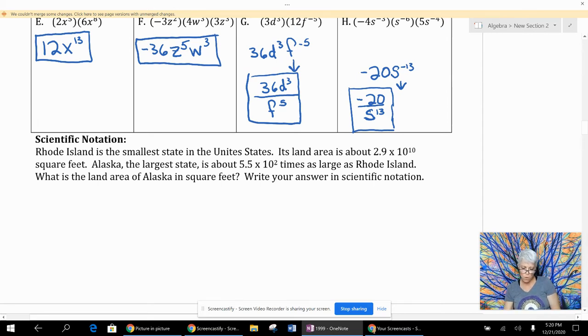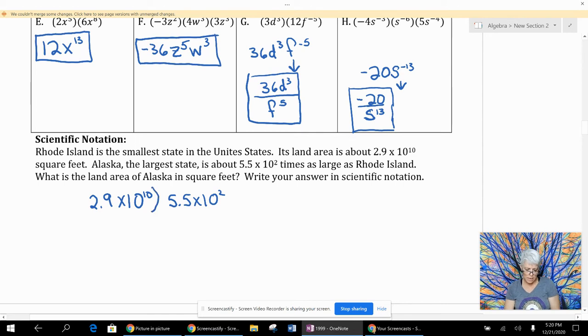So we have Rhode Island. It's the smallest state, and it's 2.9 times 10 to the power of 10. That is the size in square feet of Rhode Island. But Alaska is the largest state, and it's 5.5 times 10 to the power of 2 times bigger. So how big is it?